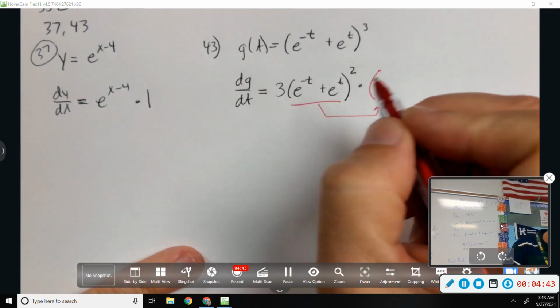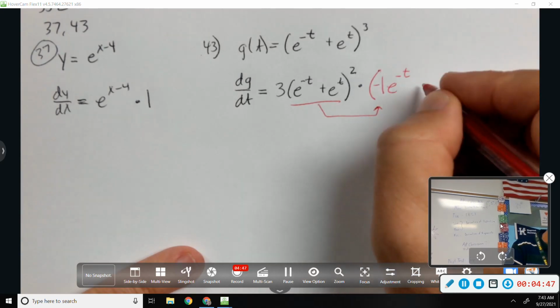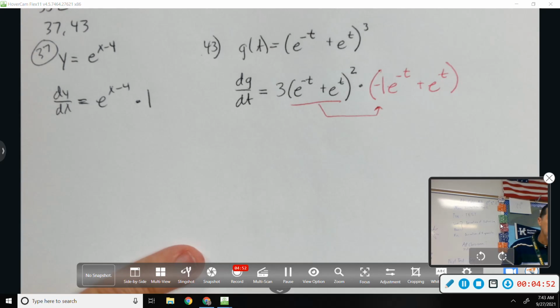The derivative of e to the negative t would be e to the negative t times negative 1, plus e to the t. That's a safe stop. I don't know what CalcChat would do. I don't think you really could do anything more than that, although I'm sure CalcChat tried.